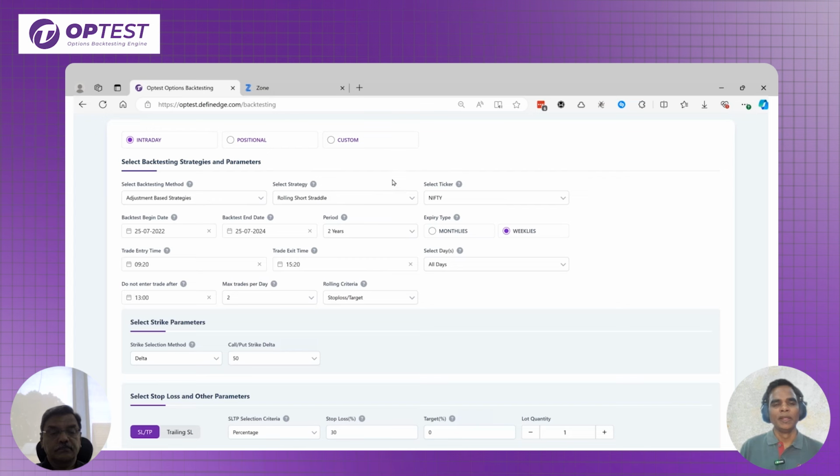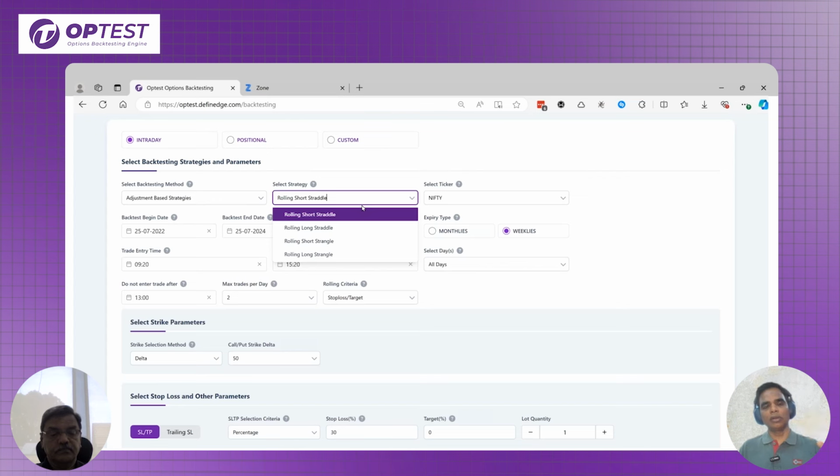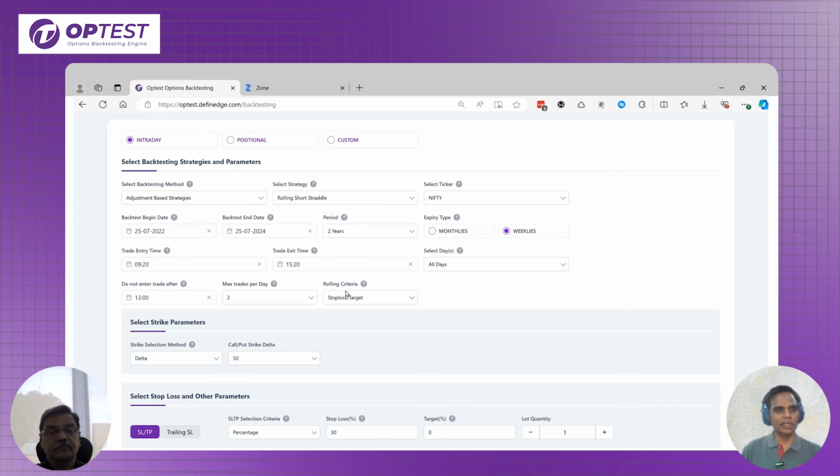Here we have 4 strategies: rolling short straddle, rolling long straddle, short triangle, as well as long triangle. Again, 2 years of weeklies, same criteria. Here we are not entering trades after 1 o'clock, maximum 2 trades per day. So what is the rolling criteria based on? When a certain stop loss is hit or when a certain target price is hit.